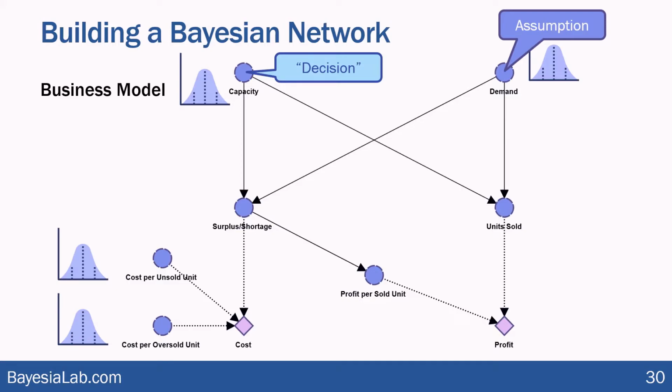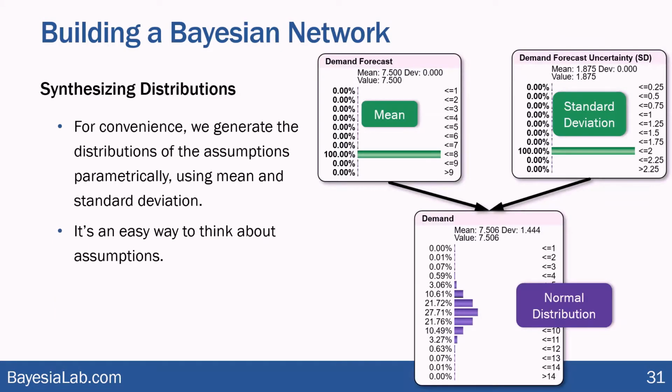So now we want to figure out how we can conveniently handle that in our model. So what we're going to do is these distributions that I'm talking about, we're going to generate them.